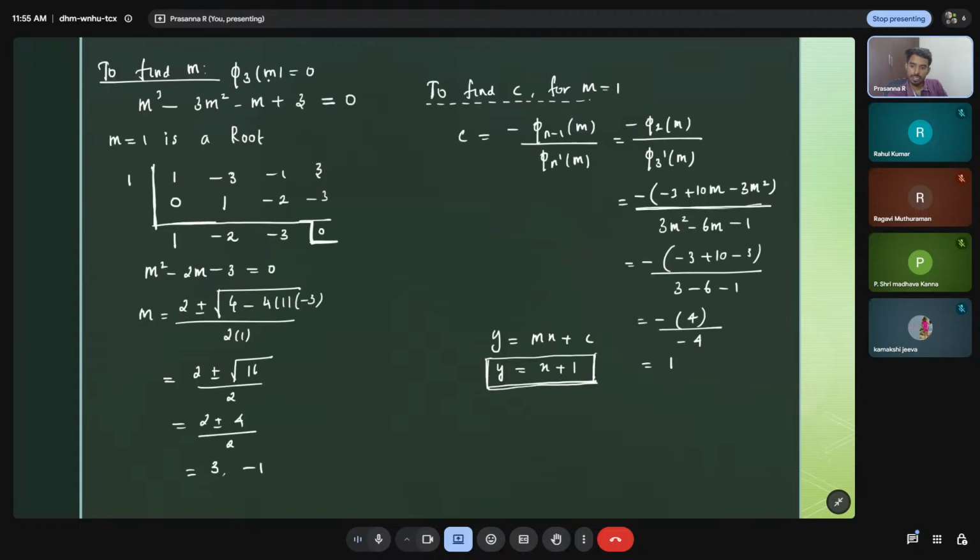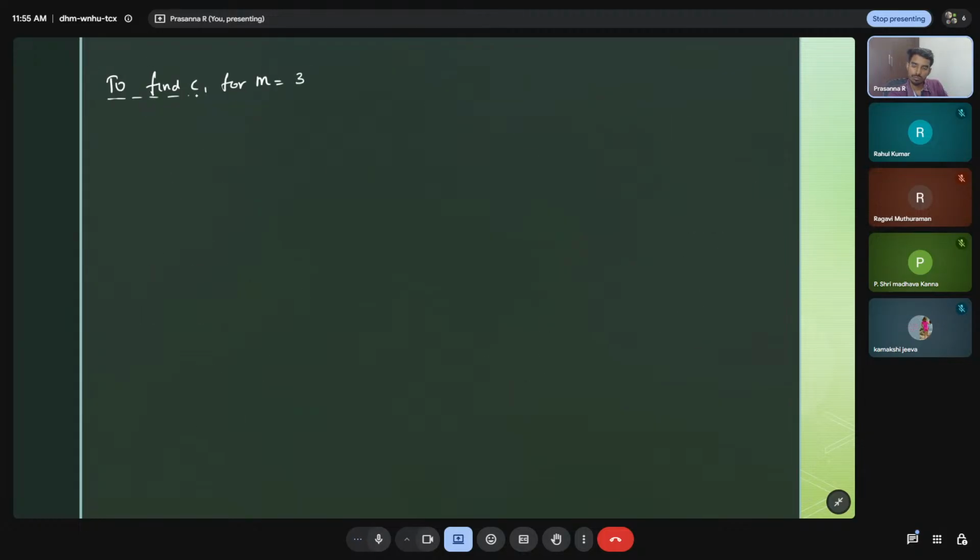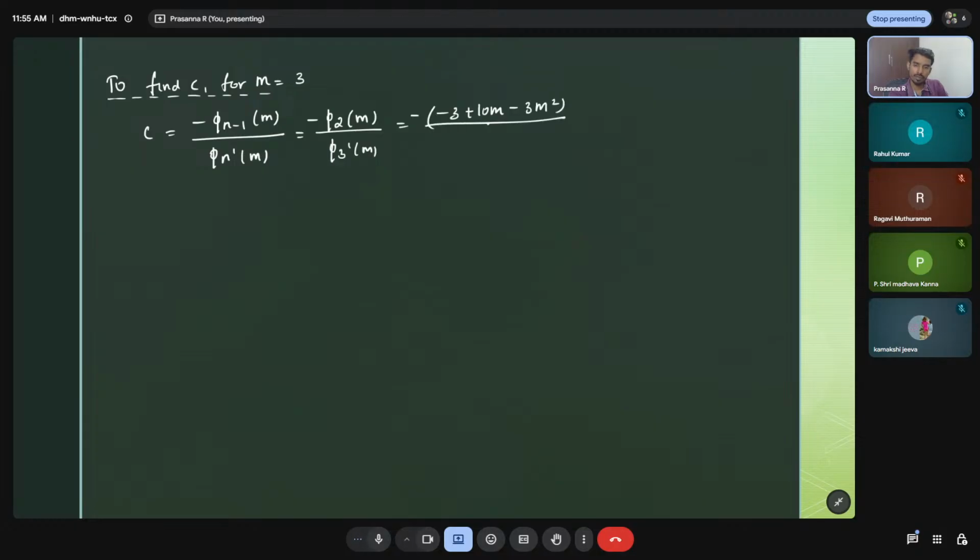And to find c for m is equal to 3, c is given by the same formula, minus pn minus 1 of m divided by pn dash of m. So it is minus p2 of m divided by p3 dash of m. Minus p2 of m is minus 3 plus 10m minus 3m square, divided by p3 dash of m, 3m square minus 6m minus 1.